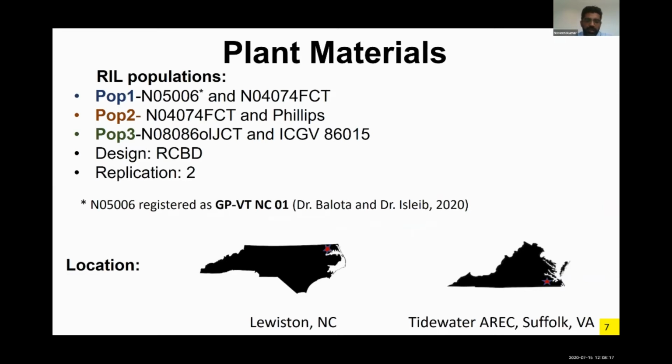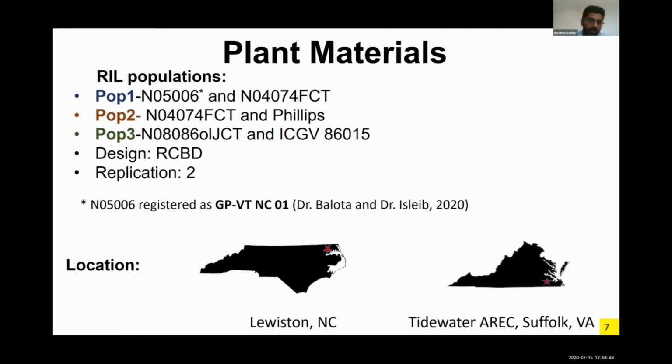These parents are the advanced breeding lines which were selected from a previous study based upon the phenotypic differences in drought and yield. For example, the parents NO506, Phillips, and ICG are drought resistant, whereas NO4074CT is drought susceptible.